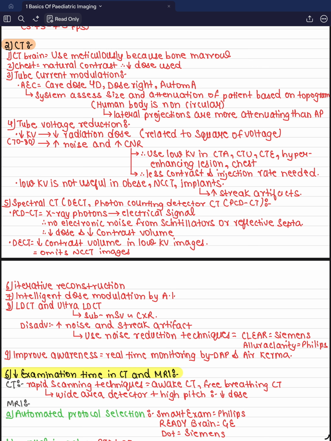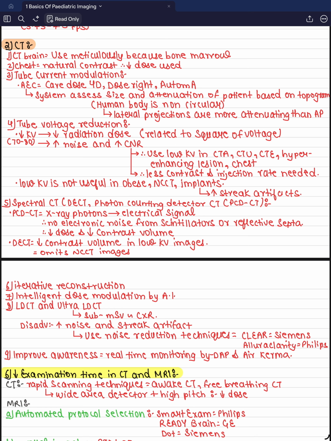So lateral projections are more attenuating than AP. So what will the tube do? The tube will automatically increase the current when it is taking a lateral projection, and it will decrease the current when it is taking an AP projection. So this was about tube current modulation.